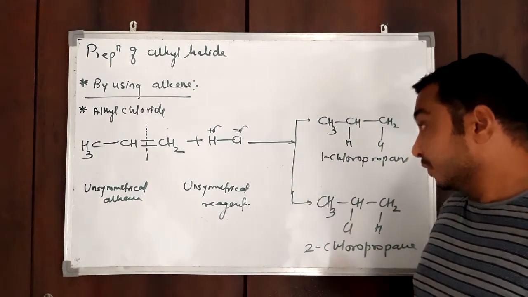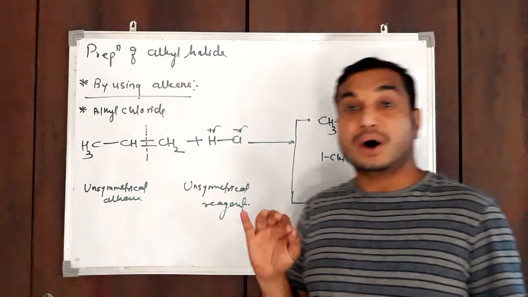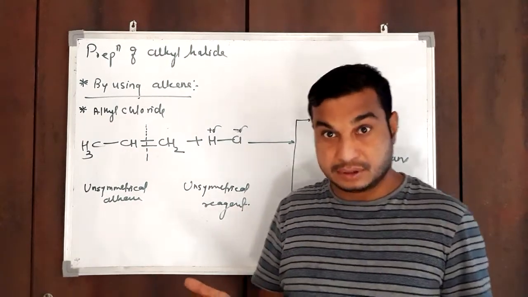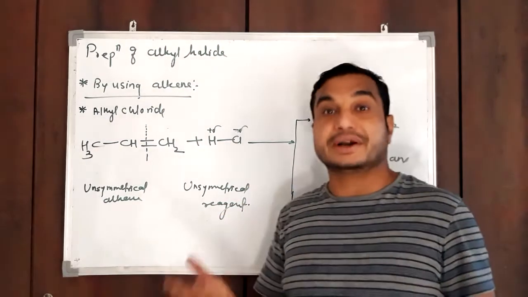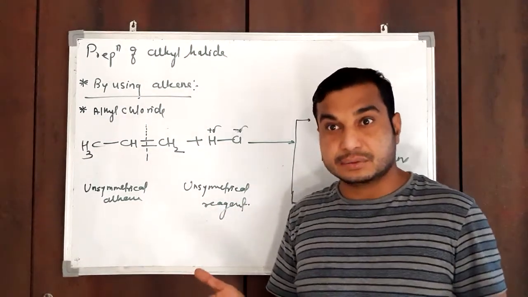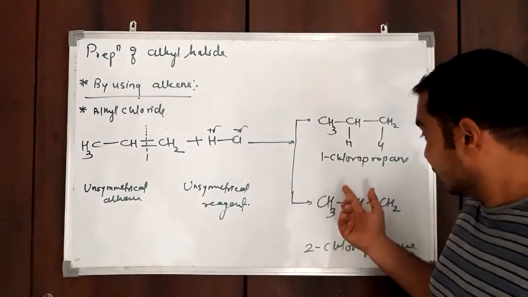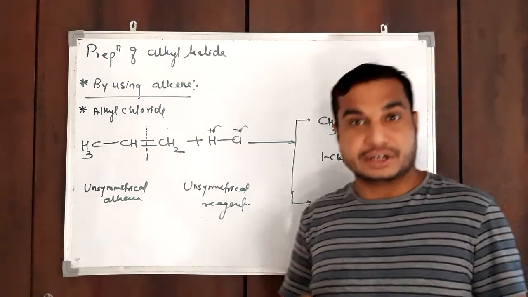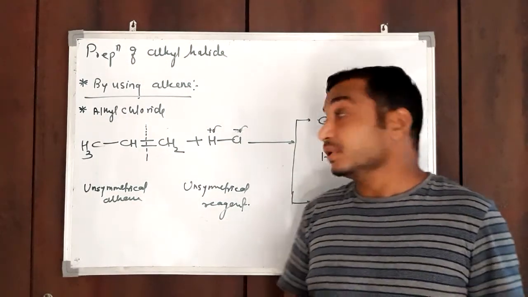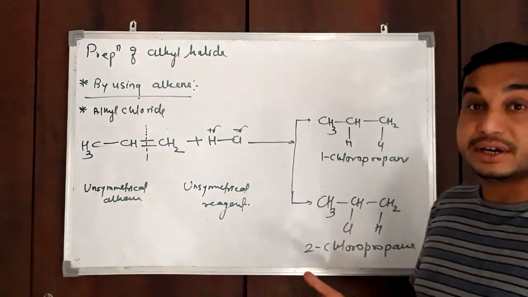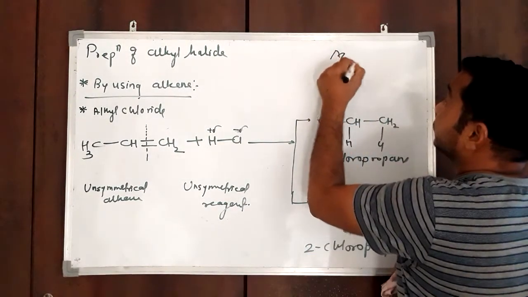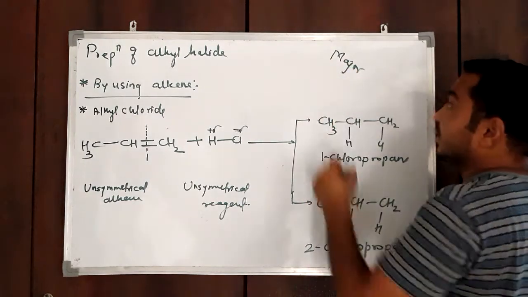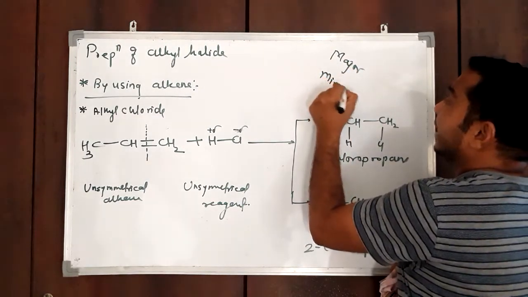Among these two products, one of them is formed in more quantity, its yield is more, and the other product is formed in less quantity. The product which is formed in more quantity is called the major product, and the one in less quantity is called the minor product.